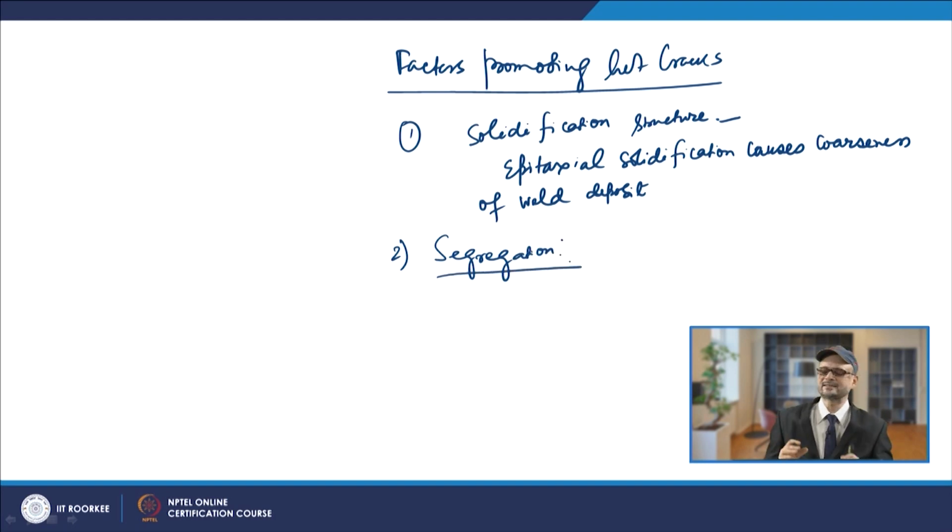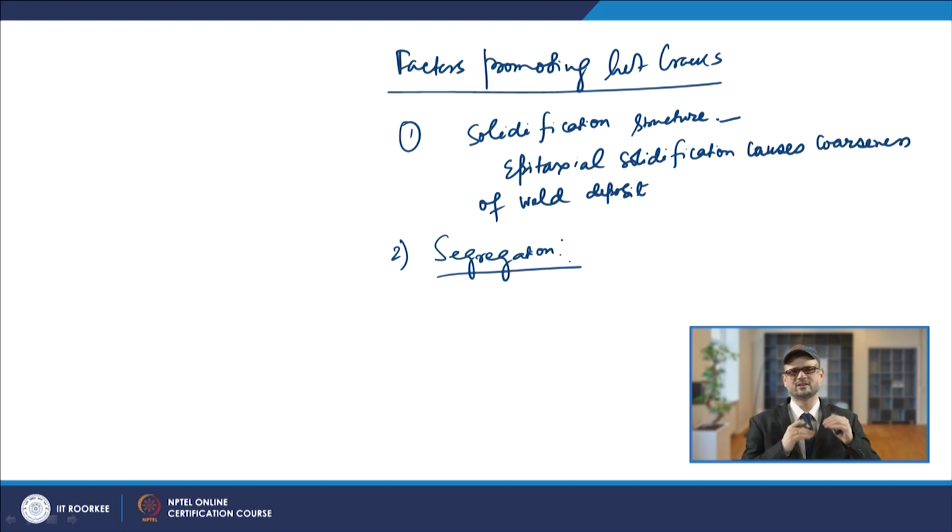Segregation is another very important factor for hot cracking to occur. We have already studied the parameter called the partitioning coefficient when we talked about binary alloy phase diagrams.